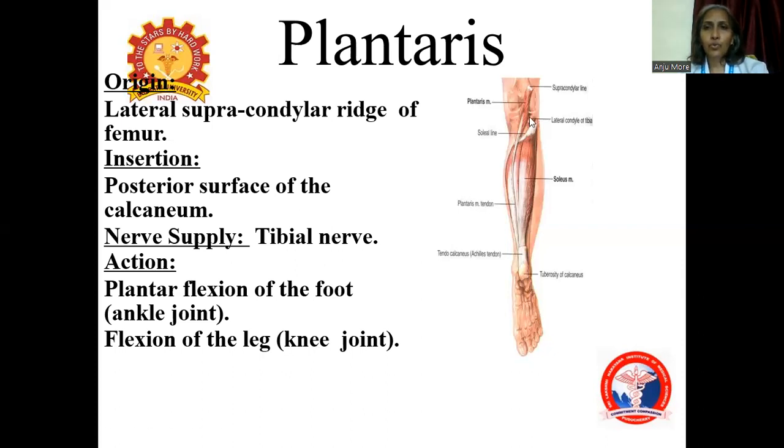This diagram shows the plantaris at its origin along the supracondylar ridge at the lateral condyle of the femur just beneath the lateral head of gastrocnemius. The long tendon runs deep to the gastrocnemius and is inserted on the posterior surface of calcaneus.